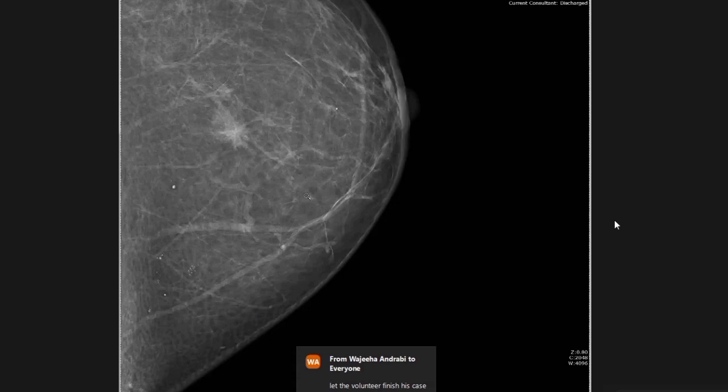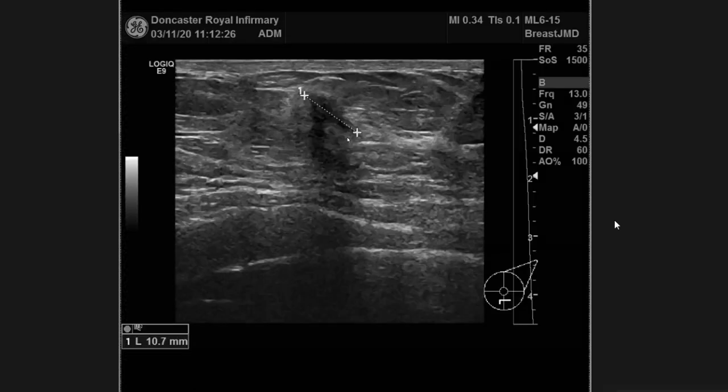Based on these findings, I can say that this is probably a malignant lesion, likely BI-RADS 4 lesion. Next, I would like to do an ultrasound of this region and also confirm it on histopathology.